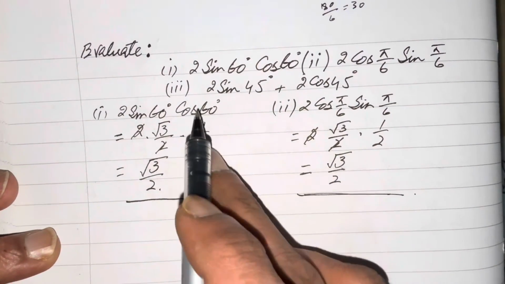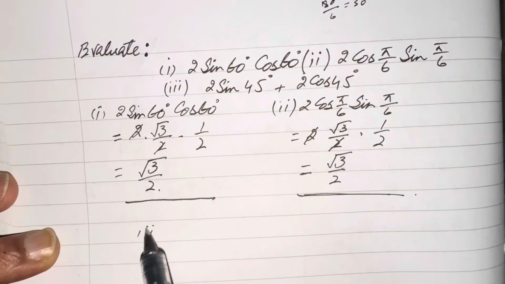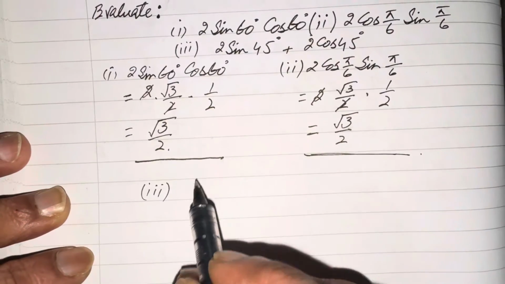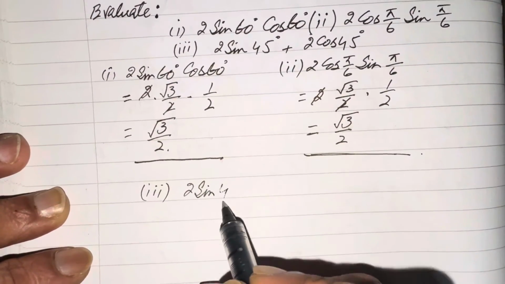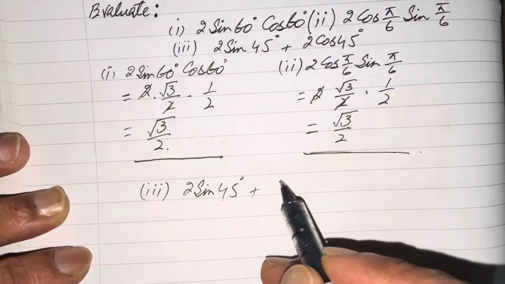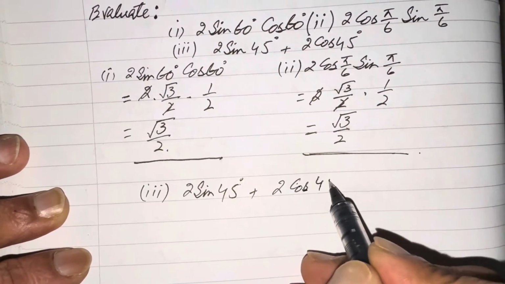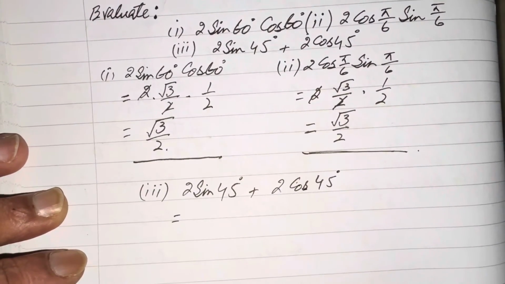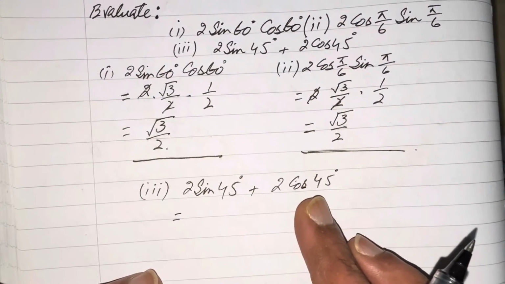So now we are going to simplify the third one. The third one is saying 2 sine 45 plus 2 cos 45. So evaluate this by putting in the values of sine 45 and cos 45.